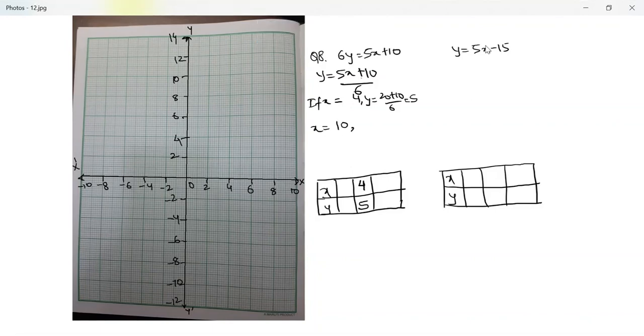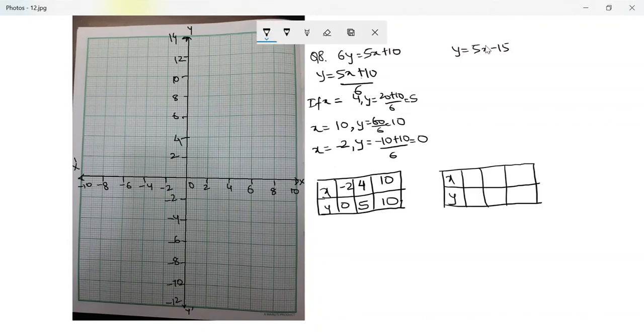So x is equal to 10, y will be equal to (10 into 5, 50, plus 10, 60) upon 6, which is 10. So if x is equal to 10, y is equal to 10. And if x is equal to, let's say, negative 2, y will be equal to (negative 10 plus 10) upon 6, which is 0. So negative 2 with 0.